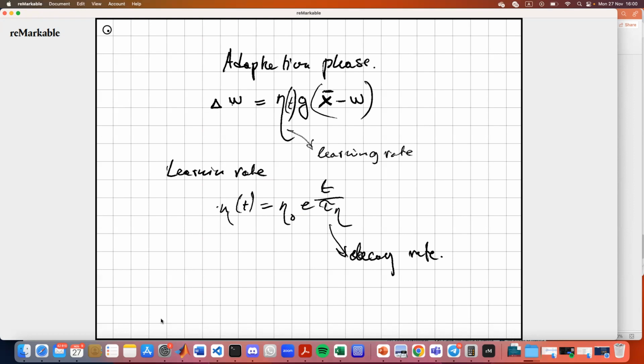So your SOM is determined by the following parameters: sigma 0 and tau sigma, and the initial learning rate and tau. So this is how you parameterize.